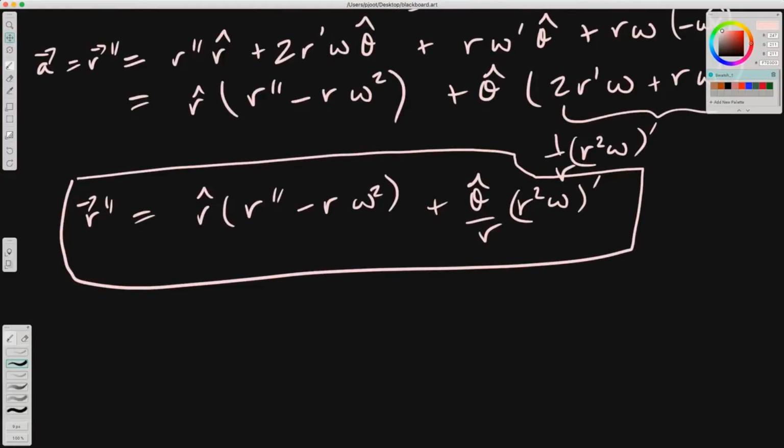Let's also look at the acceleration in terms of its projections with respect to the radial unit vector. So if we say a, the acceleration equals a times r hat times r hat. This is using the fact that r hat times r hat equals 1.